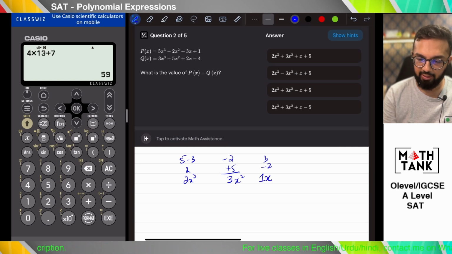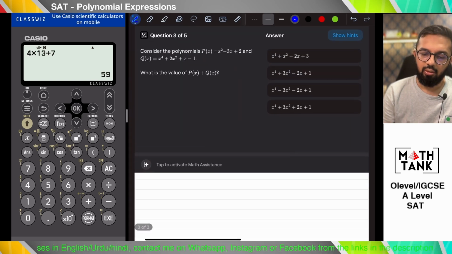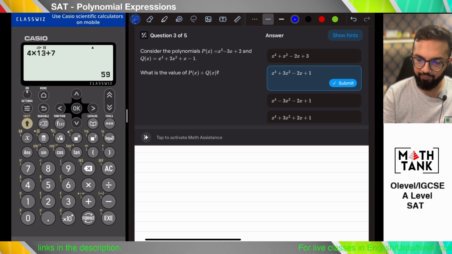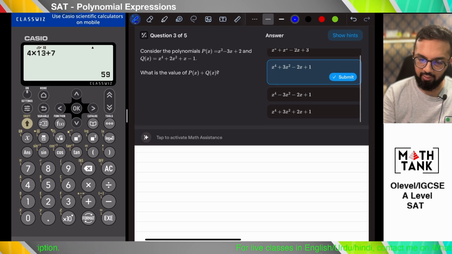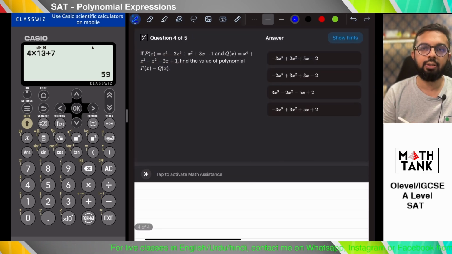Okay, plus 1 plus 5, 4. So all of them are positives. Yeah. Okay. Adding now, adding is simple. So x power 4 plus 3x squared minus 3x plus x is minus 2x. That should be the correct answer.